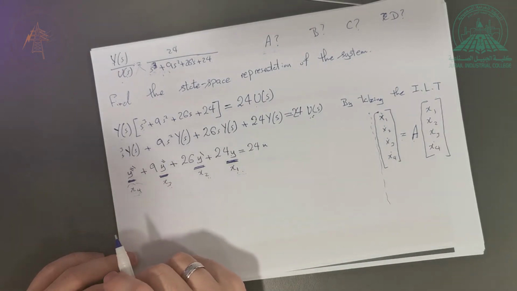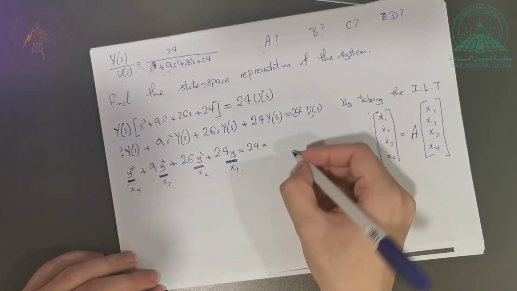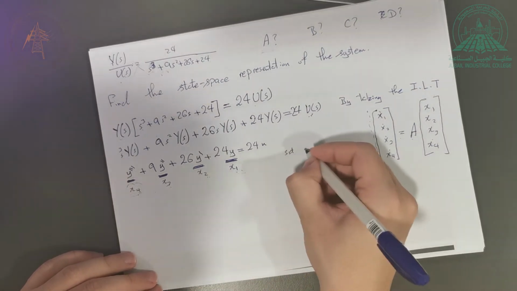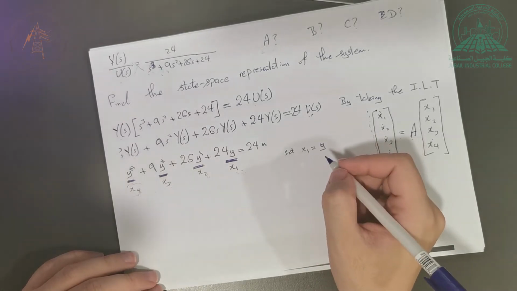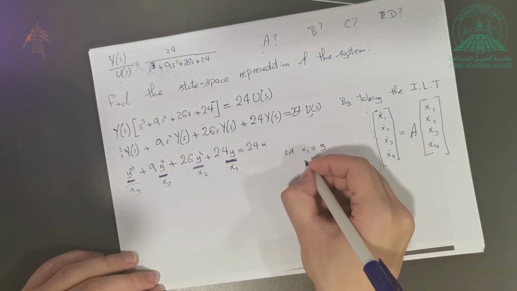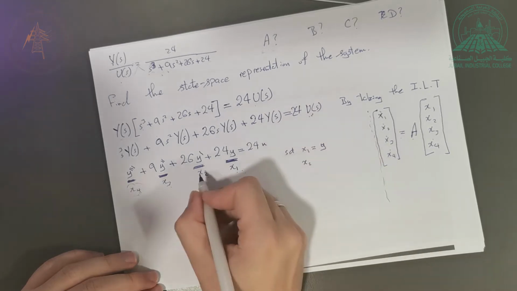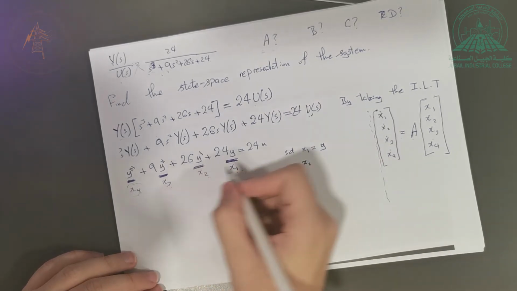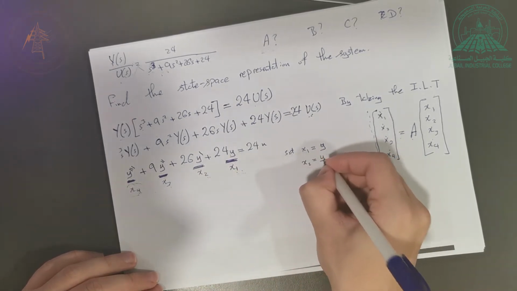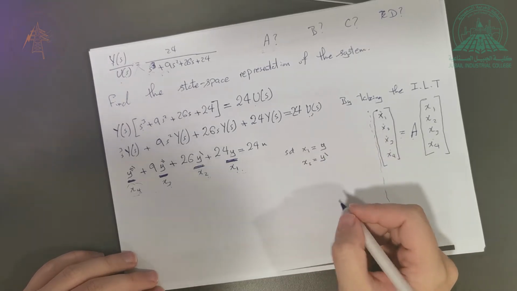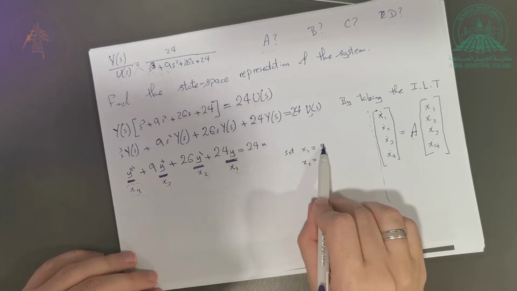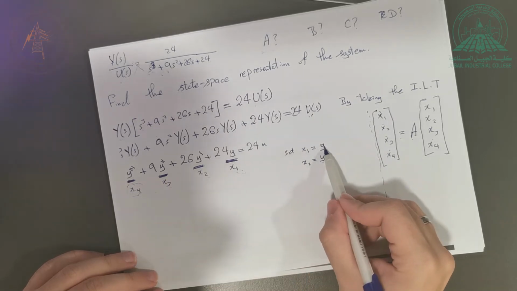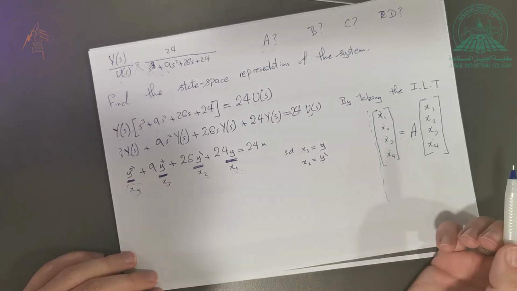So what I'm going to do, I'm going to come here. I will set x1 equal to y. Set also x2 equal to, what did we say? It's equal to y prime. But wait a minute, y prime is the derivative of y, and y itself is x1, right?